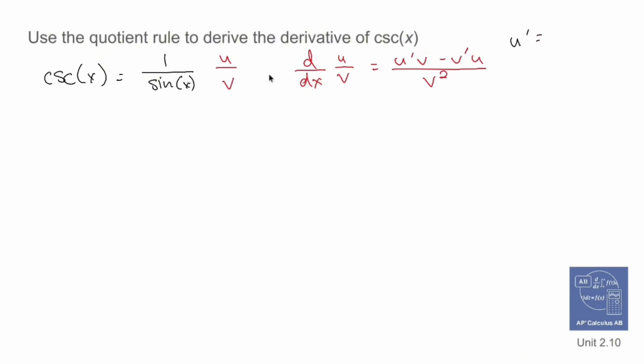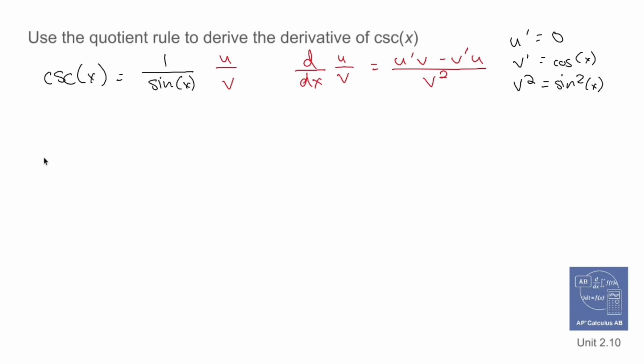So let's find out what u prime, v prime, and v squared are. U prime is going to be the derivative of 1, which is nothing, zero. V prime is going to be the derivative of sine, which is regular cosine. And then v squared is going to be sine squared. So let's put it all together.